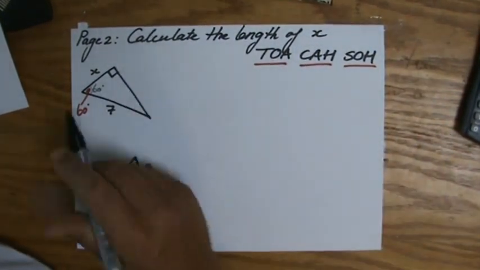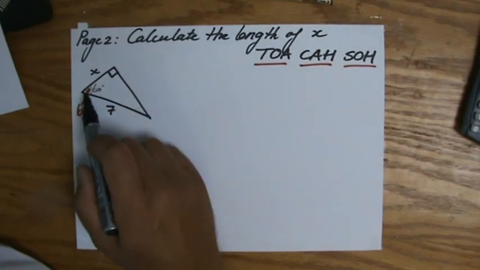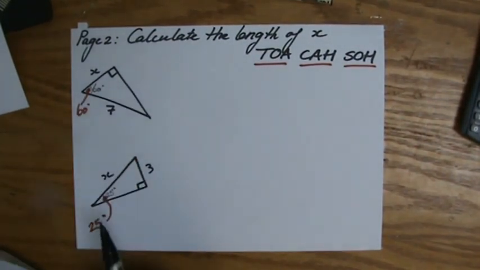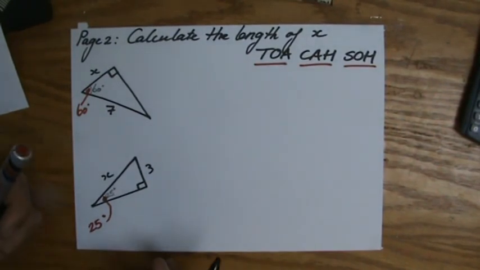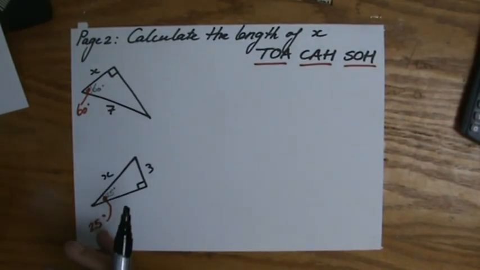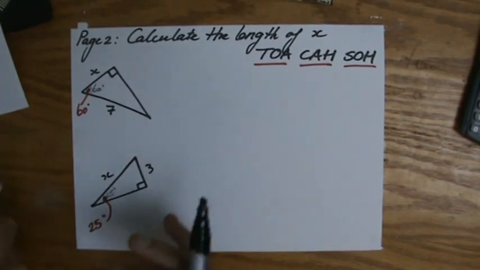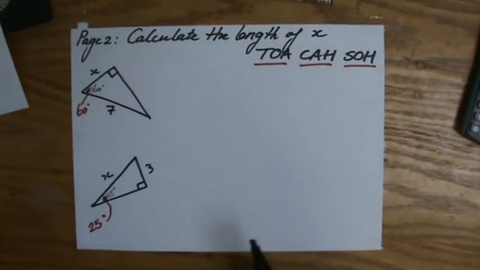Anyway, I told myself, I'm going to really physically stand in that corner. They gave me this corner, 60 degrees. I'm standing in that corner inside my triangle, and I'm going to find out which sides I know. We have a hypotenuse, and we have opposite and adjacent sides.